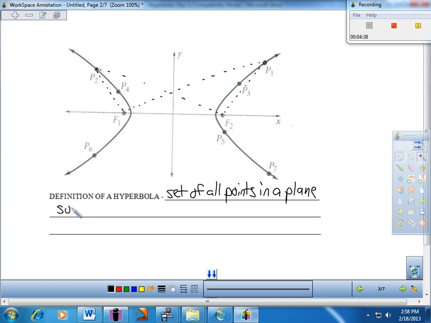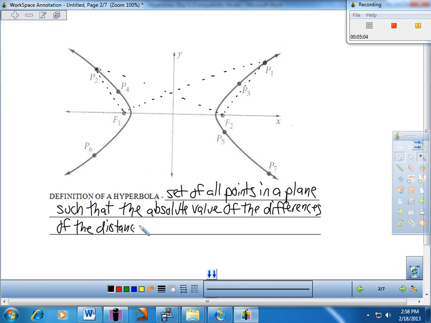This is a little flowery, but it works, such that the absolute value, and that's kind of what you did there when you did the subtraction, so the absolute value of the differences of the distance from two given points, and of course, everyone, our two given points are going to be called the foci.